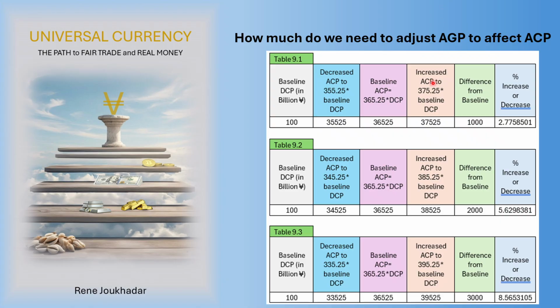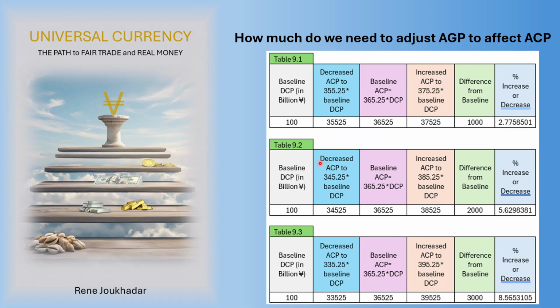If we allow 10 extra days of primary products to enter the SOV, or 10 less days from the baseline of 365 days, this will result in an increase or decrease in the annual currency production by 2.7%.